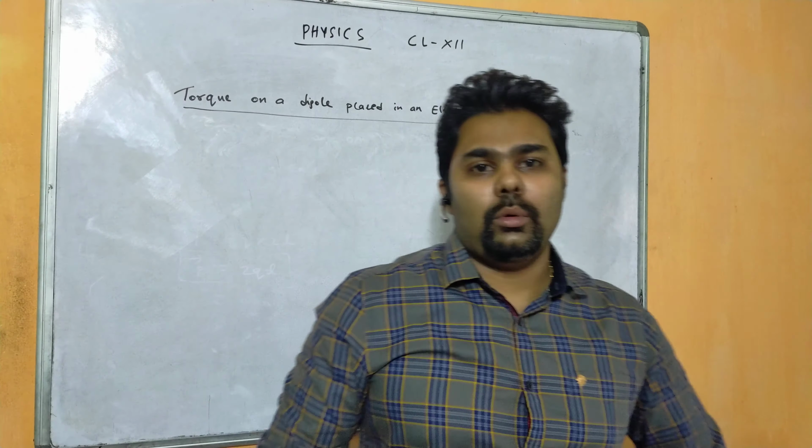The integration of the electric field gives E, and the integration of dS, that means the total surface area of a sphere, is 4 pi r square. So E times 4 pi r square equals q by epsilon naught, and if you cross multiply you will get E equals 1 by 4 pi epsilon naught, q by r square. So this is the electric field produced by a charge placed in a ring.